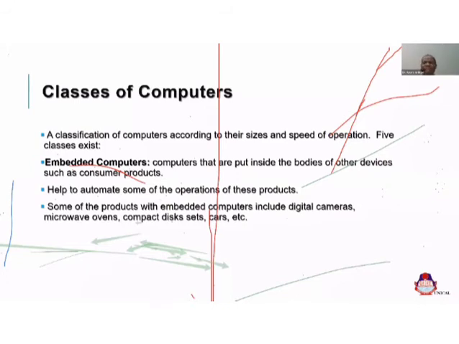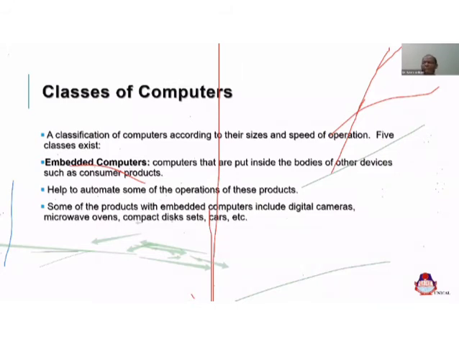You can't operate these embedded computers directly because they are hidden inside the bodies of other devices. So they are embedded inside other devices, and they help to automate some of the operations of their host products.